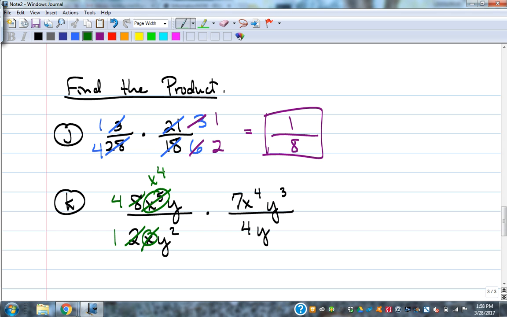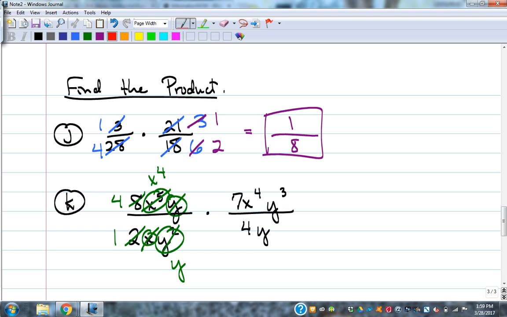It gets a little messy doing it this way, but I think it makes it a little easier than if you multiplied it straight across. What about the y's? Got 1 y up top and got how many on the bottom? 2. So this 1 cancels how many of those? 1 of those. So this guy's gone, and this guy becomes y to the 1st.